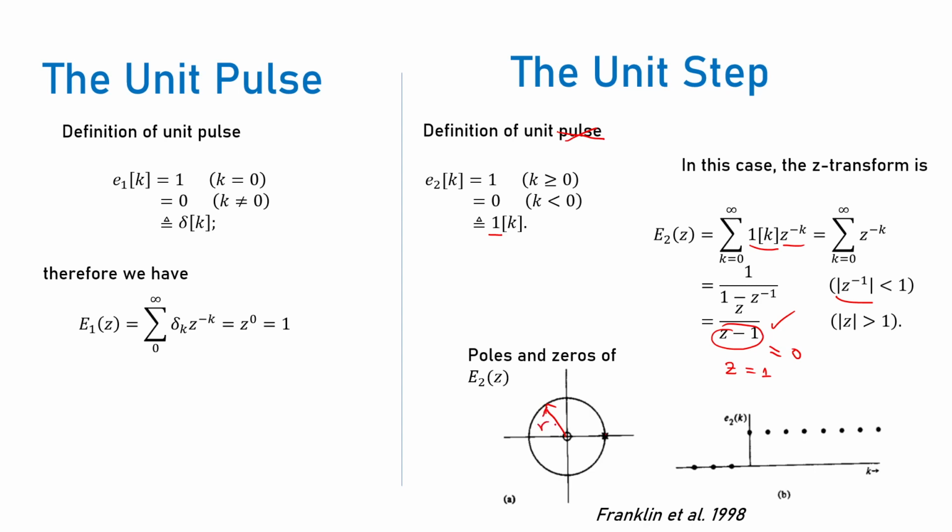Z can be a complex number. This is the imaginary axis, this is the real axis. But in this case, Z is just 1, which is real. So the location of the pole Z equal to 1 is here.